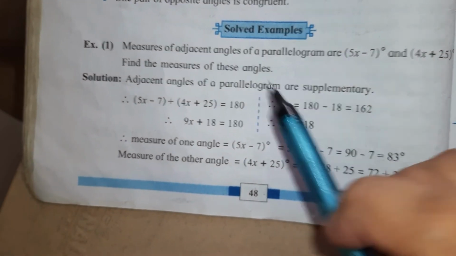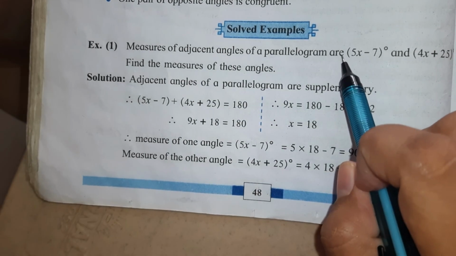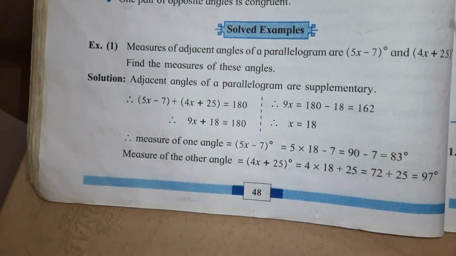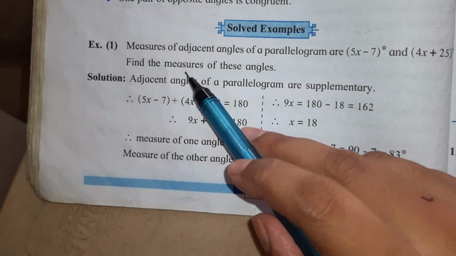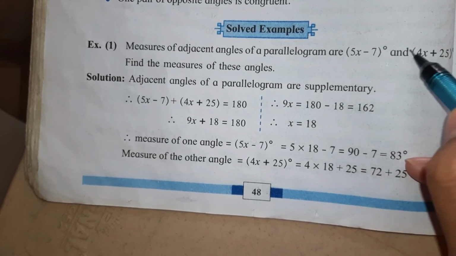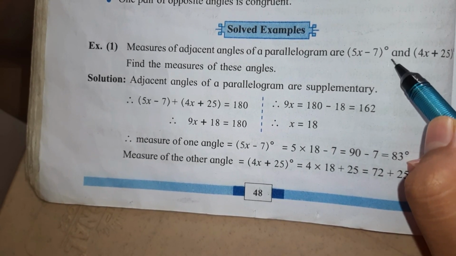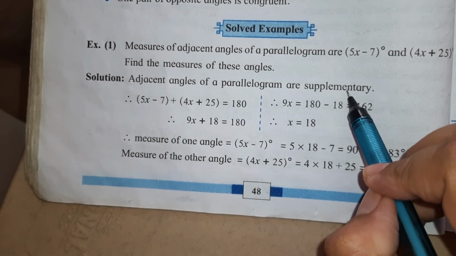First one, the measures of adjacent angles of a parallelogram are 5x minus 7 and 4x plus 25 degrees. Find the measure of these angles. So these are adjacent angles of a parallelogram, and adjacent angles of a parallelogram are supplementary.